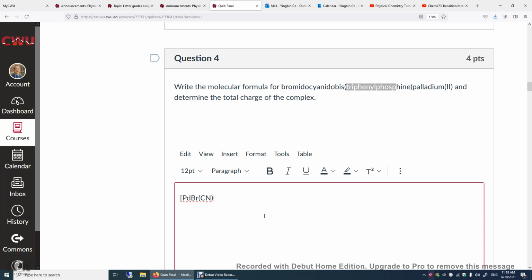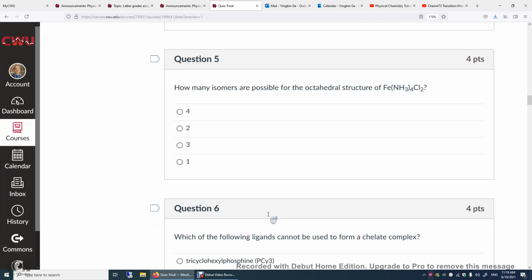We put cyanido in a pair of parentheses, not to be confused with 1 carbon atom and 1 nitrogen atom separately bonded to palladium. And then we have bis triphenylphosphine, 2 such ligands. And then we're done. The total charge again is 0: plus 2 here, -1 on bromido, -1 on cyanido.